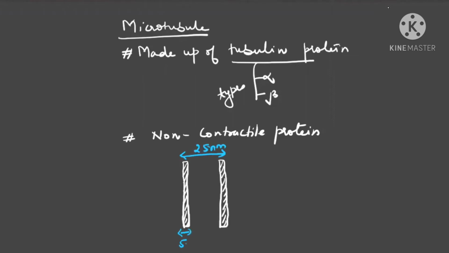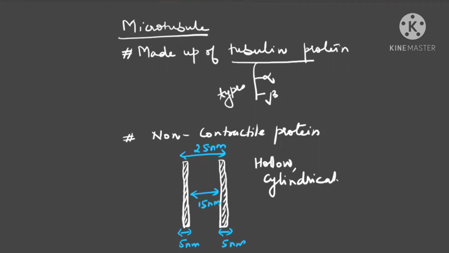Each side wall is 5 nanometer, and the hollow core is 15 nanometer. Clear, beta? So you get an idea that these microtubules are hollow, non-contractile, cylindrical proteins. Is it clear?